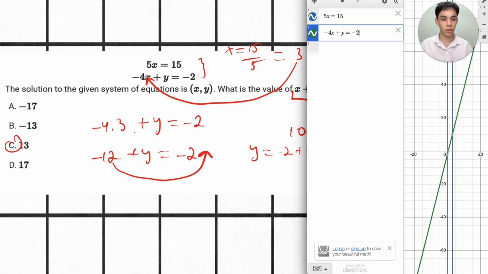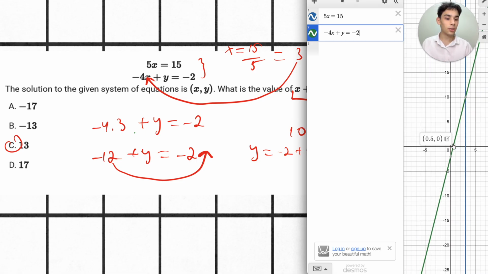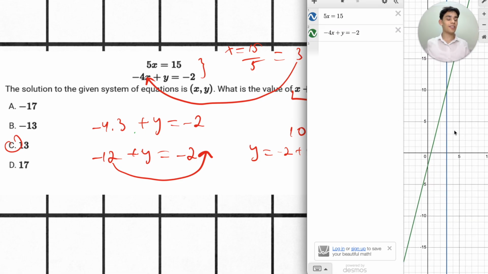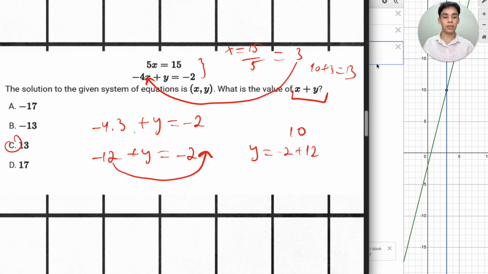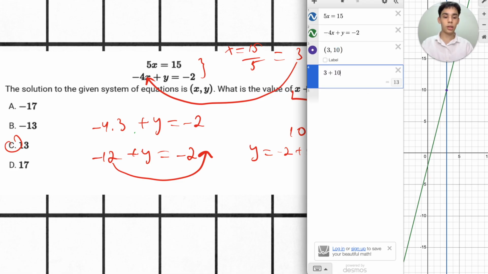Let me change it. Okay, we see two equations. And again, when we have two equations, the only thing we care about is their intersecting point. And their intersecting point, I can just click on it and it will demonstrate right away. So this is the x value and this is the y value. Again, 3 plus 10 equals 13.